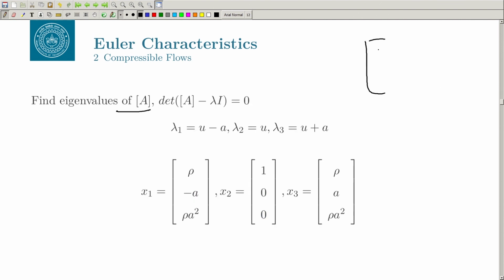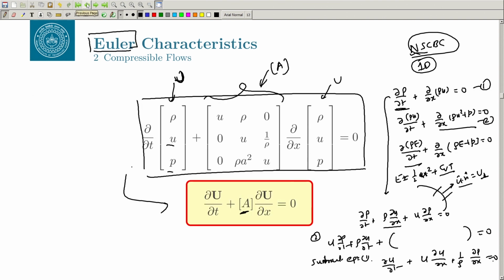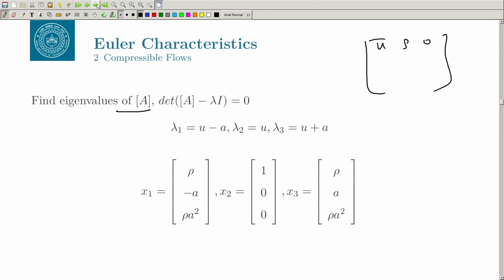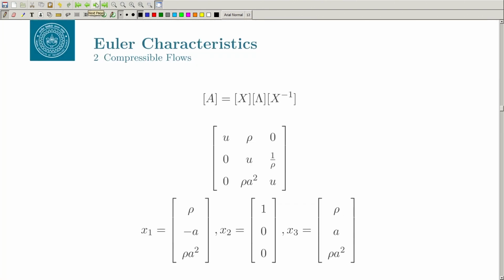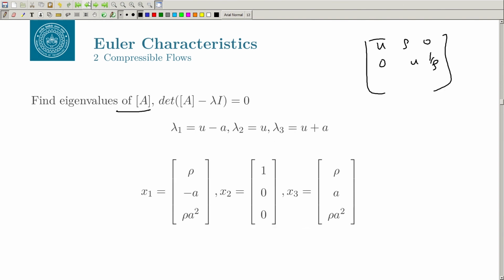So, your A matrix is given as: u, ρ, 0; 0, u, 1/ρ; 0, ρa², u. And you want to do A minus λI equal to 0, and then you have to take the determinant of this.